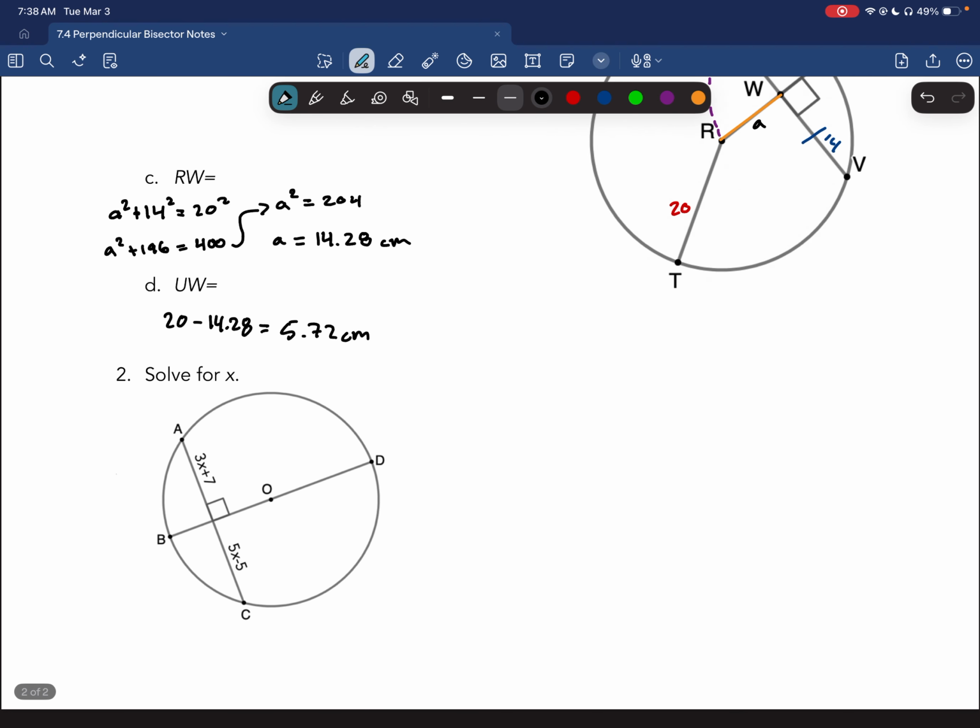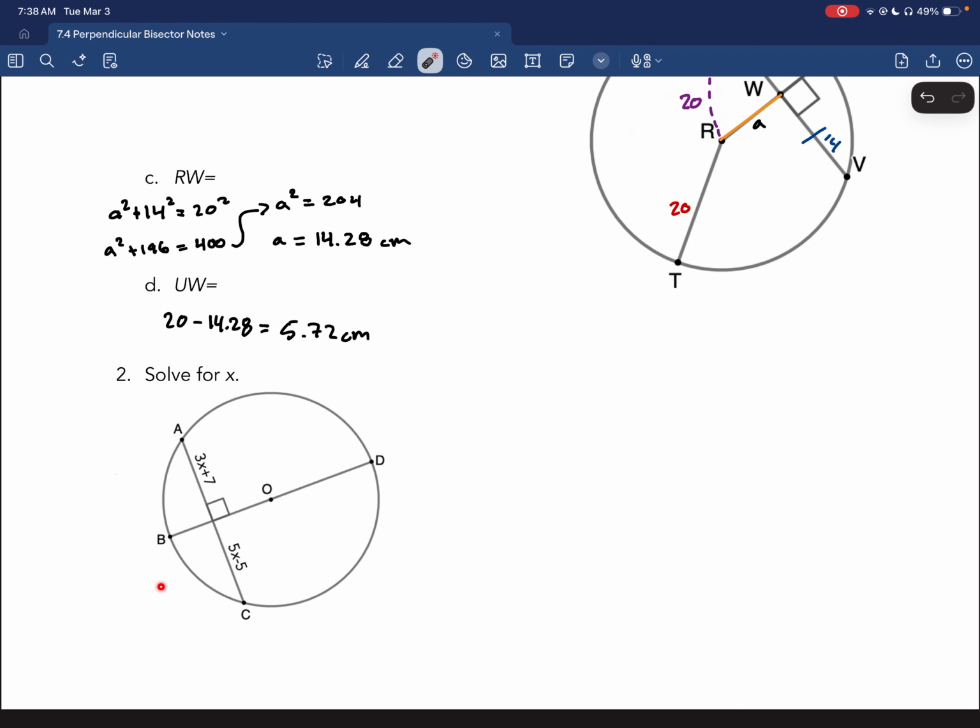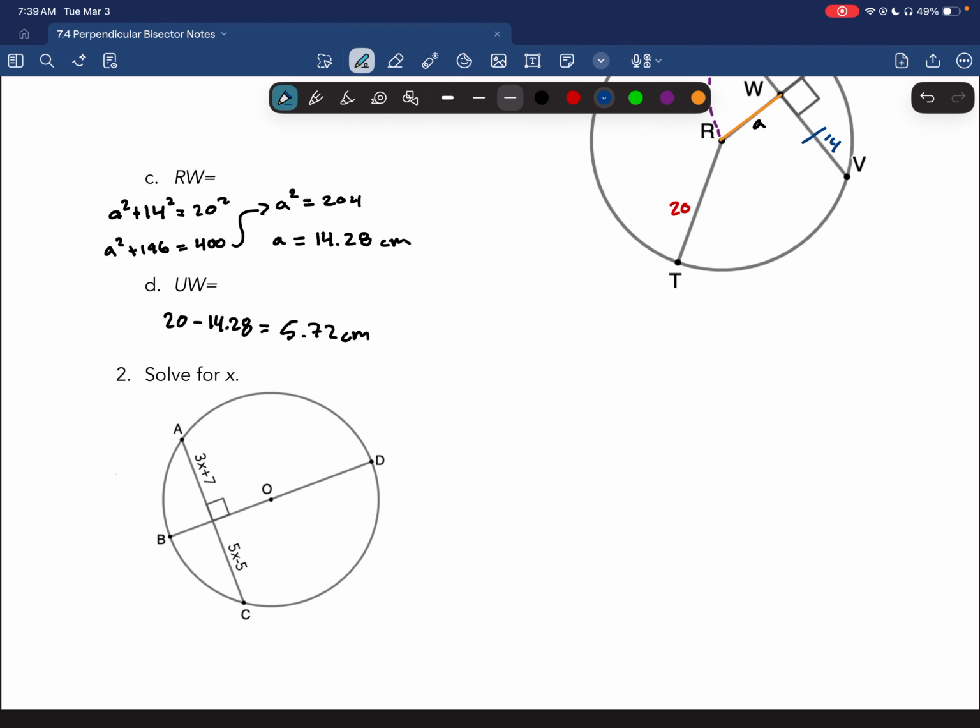So for X, okay, well, I've got this circle here. This is a diameter. I know that the diameter touches this chord at a 90-degree angle. I also know from the quick notes that if the diameter meets a chord at a 90-degree angle, aka it's perpendicular, that means that the two side lengths have to be congruent to each other, okay?